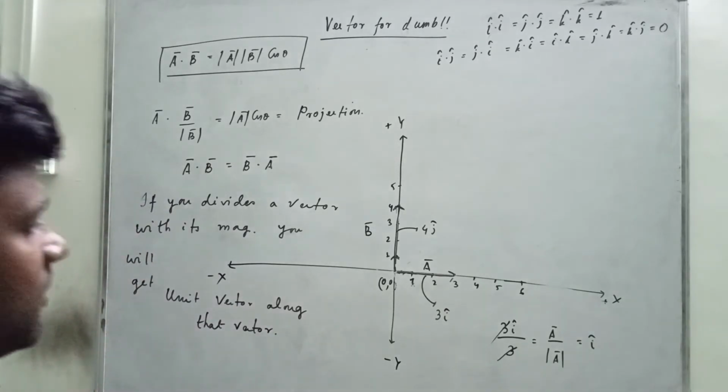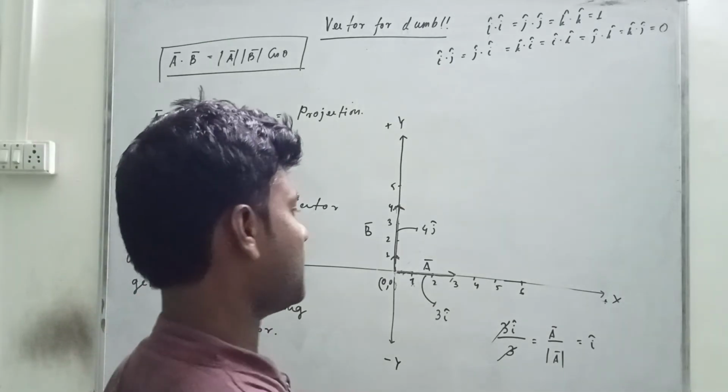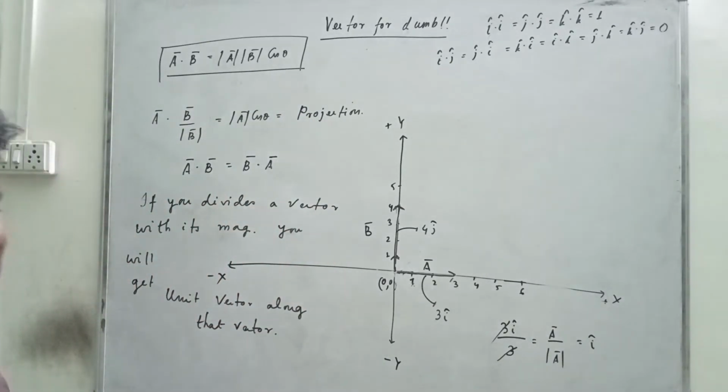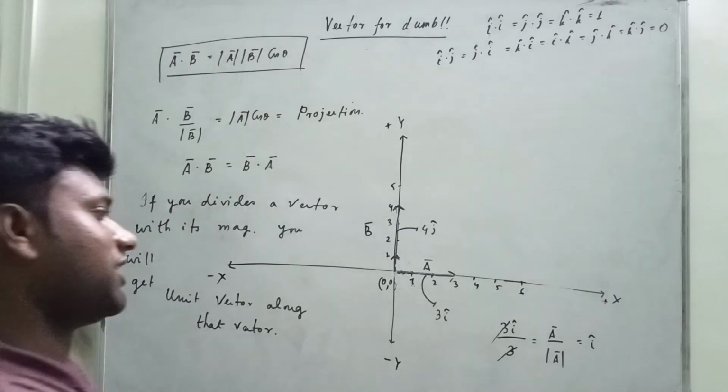Very crucial finding, right? If you divide a vector by its magnitude, you will get the unit vector along that vector.